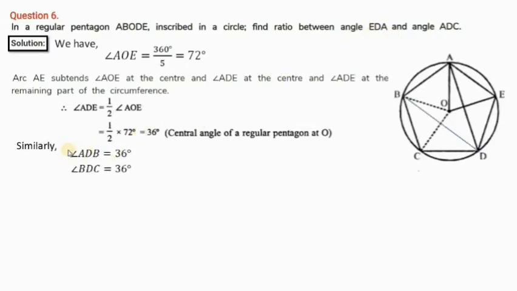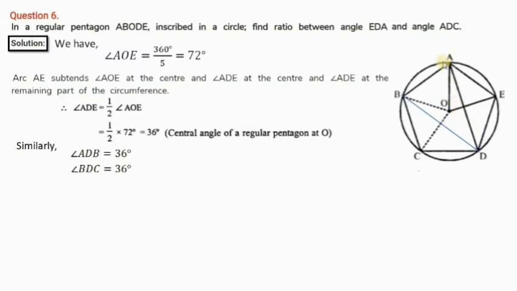Similarly we have ADB equals 36 degree. I have joined this here in order to understand. So ADB means this angle. The arc AB subtends AOB at the center. So AOB will be again 72 degree.